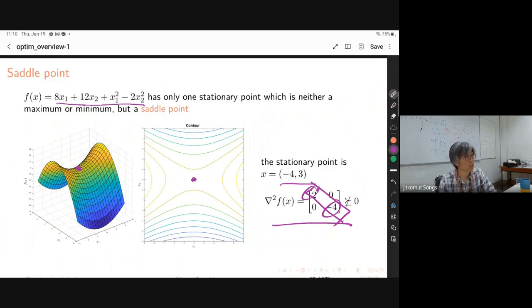When the second derivative is 0, the gradient doesn't change.